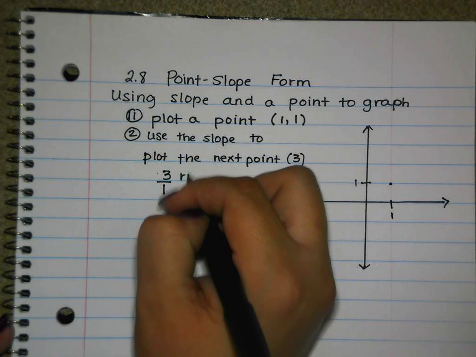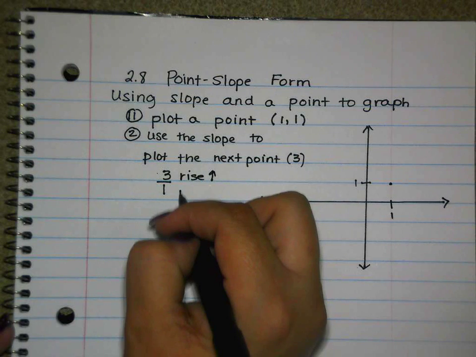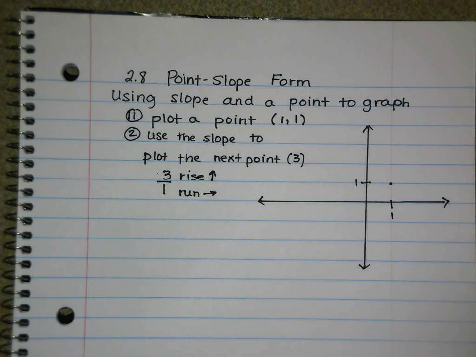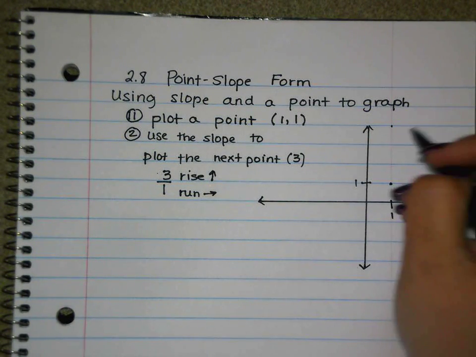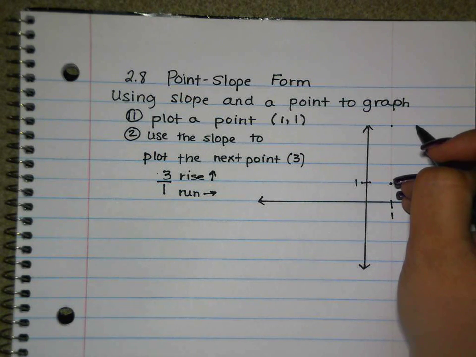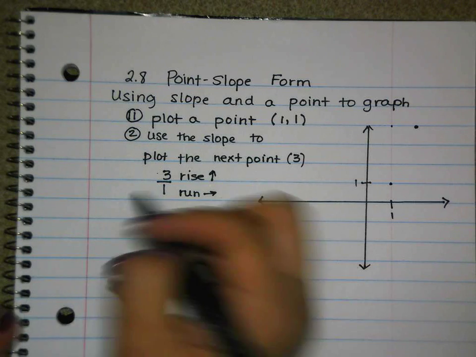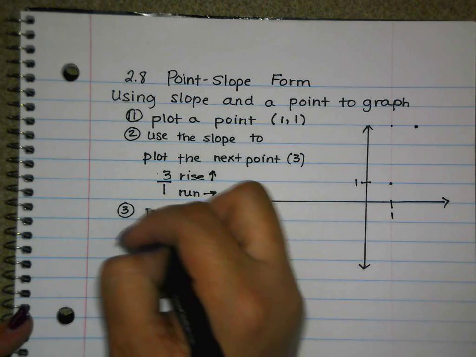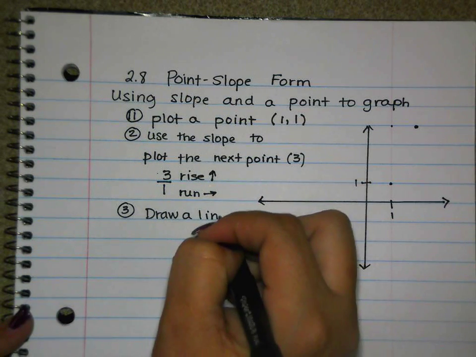Remember this is rise, which is positive, so it's going to go up, and run, so it's going to go to the right because it's positive. From this point, I'm going to go up 3 spaces, 1, 2, 3, and over 1 space. Somewhere in here I'm going to have my second point on the line. My third step is to draw a line.